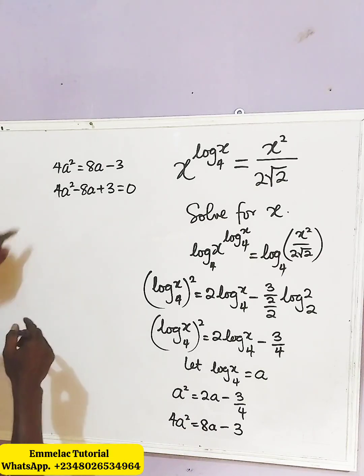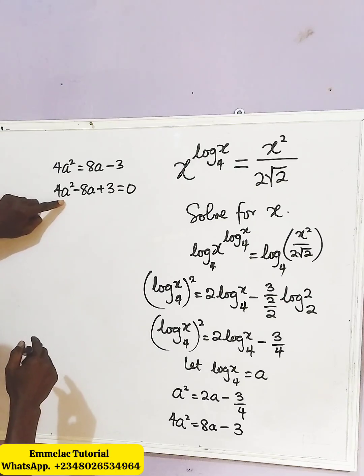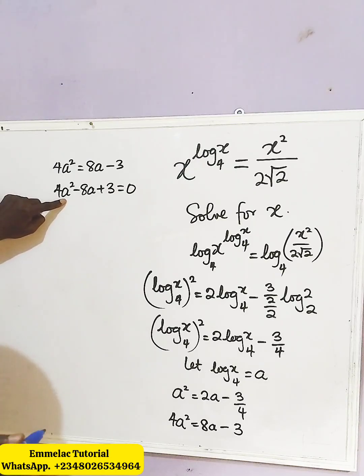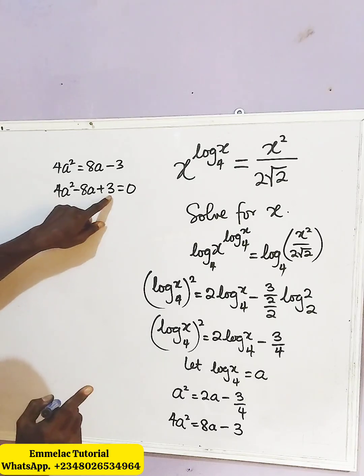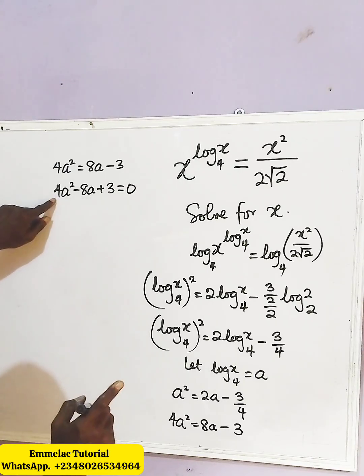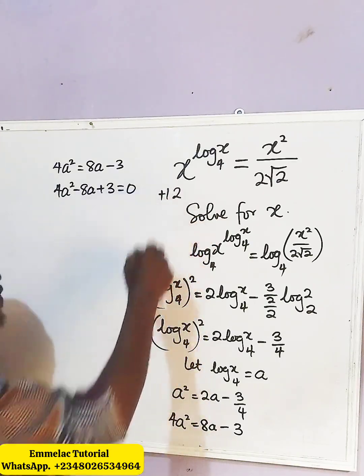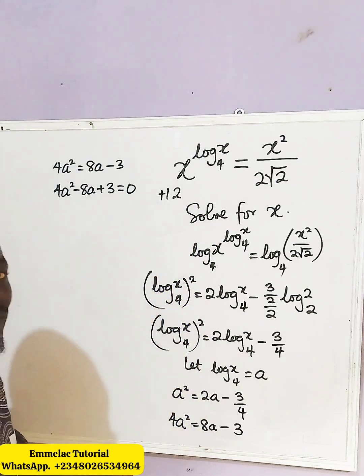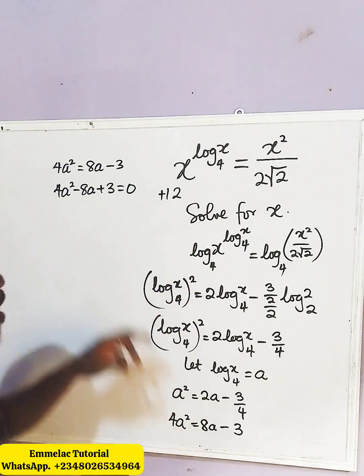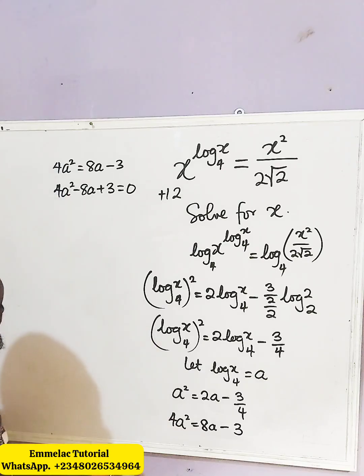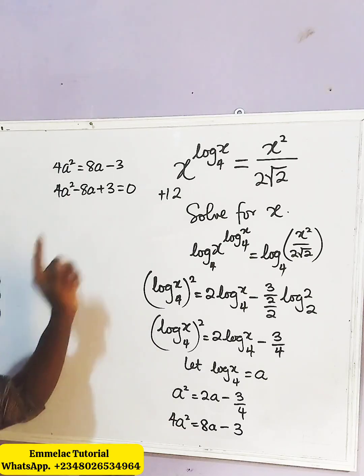By factorizing, we can see the coefficient of a squared is 4, and our constant is 3. So 4 times 3 will give us positive 12. Now what are those two numbers that multiply to give 12 and add to give negative 8?